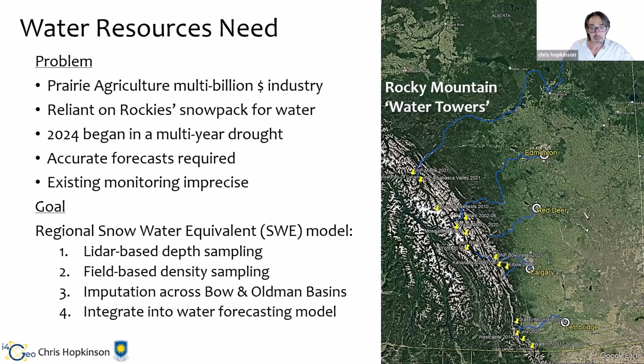Essentially, this was to utilize airborne LiDAR for snow depth sampling, and then in this particular iteration of the modeling, to use field-based estimates of snowpack density, and then implement a spatial imputation routine to give us continuous maps of snow depth and water equivalent across the Bow and Oldman basins, and then to integrate all of this into a water forecasting model. So what I'd like to do over the next few slides is illustrate the progress that we've made.